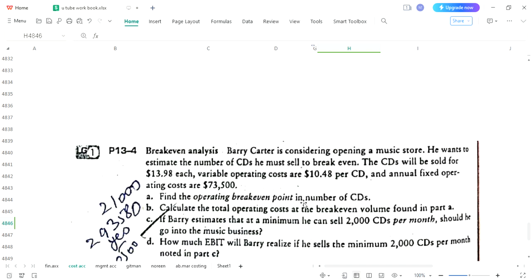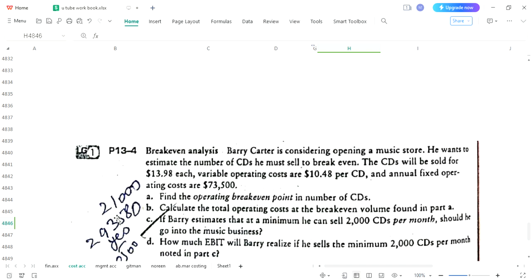Break even point means a point where there is no profit, no loss. And the answer was 21,000 units. So it means in a year, if this business is selling 21,000 CDs, that would be a stage where there will not be any profit, and there will not be any loss as well.